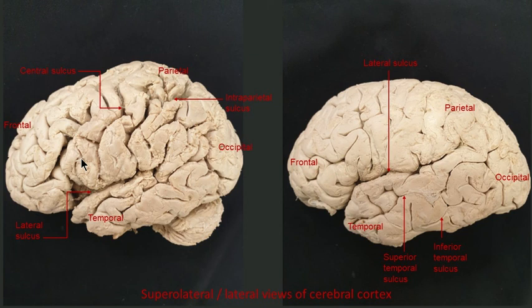So all the motor commands, once they get finalized and planned, are sent to the precentral gyrus, to the primary motor area, from where these are then transmitted down to the effector organs through different tracts. For instance, the effector organs could be the skeletal muscles, and the tract could be the corticospinal tract. But all the motor commands, once finalized, are executed from over here, from the primary motor area. So this is our first gyrus, the precentral gyrus.